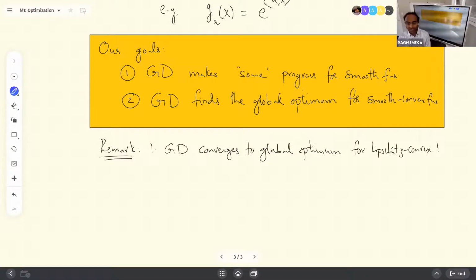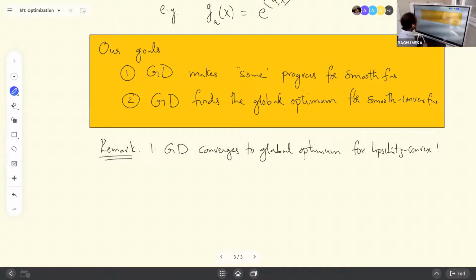Even though we're going to analyze it for smooth convex functions, GD in fact also converges, with a different step size routine, to the optimum for Lipschitz convex functions. But it converges at a slower rate, as we will see. I'll state the bound later on. But the proof is a bit more involved, and I don't want to do two proofs. I think the most important analysis is for the case of smooth convex.